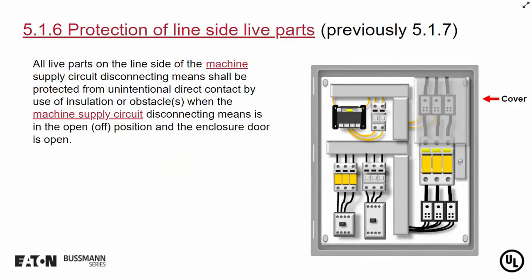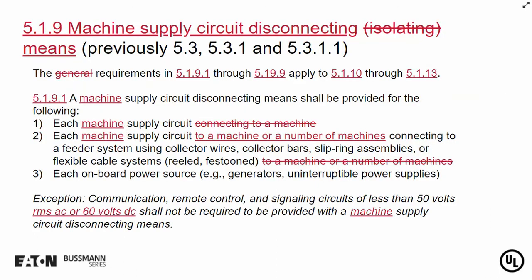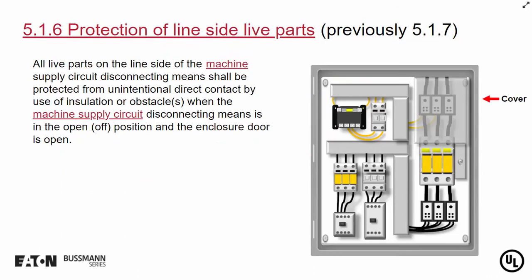So let's move on and talk about protection of line-side live parts. We've been talking about the wire bending space, and so we're going to be focusing on that same part of the panel. And you can see that in this slide, there's an arrow with the word cover pointing to a section of the panel in the upper right corner, those same terminals I was talking about.